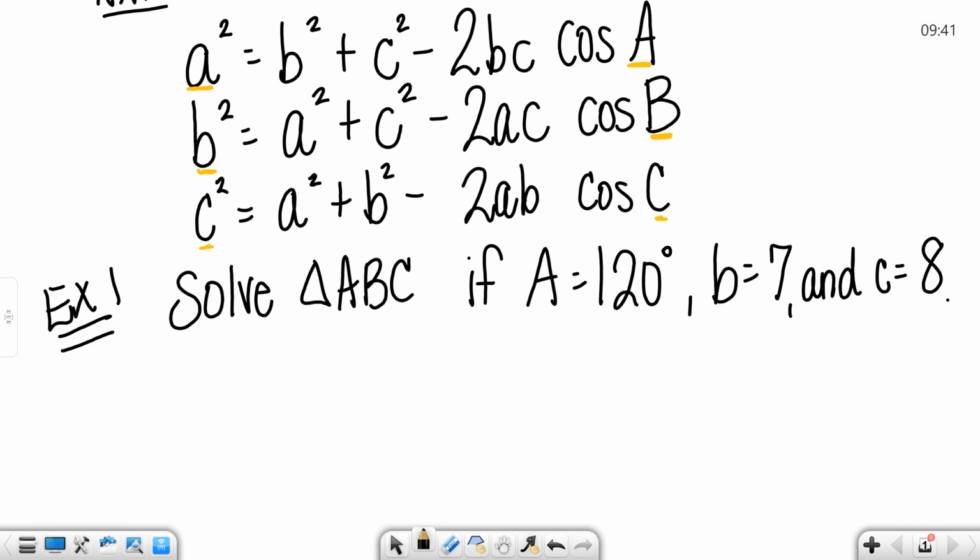All right, so since angle A is the one that we have, I'm going to go up here and use this first formula that I wrote down. Okay, we don't know little a, side a, but we do know angle A, side b, and side c. And so those are all the things that we plug into this first formula up here.